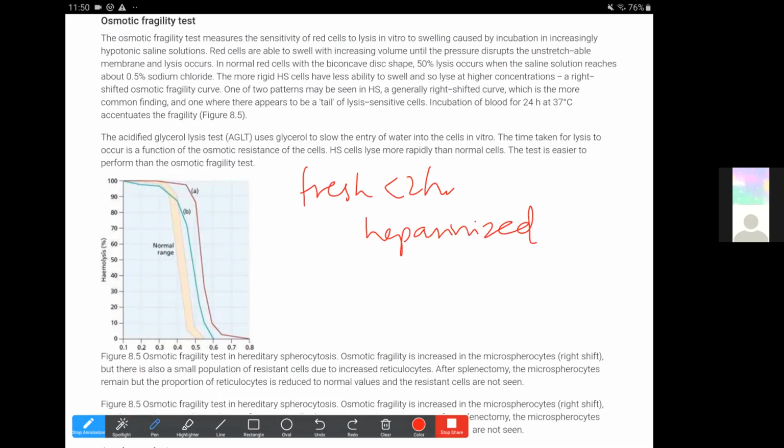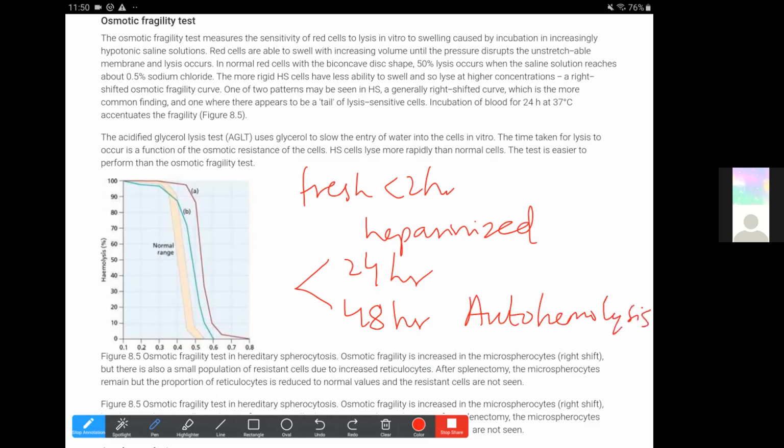This test can be performed in 2 phases. It can be performed fresh, and then after 24 hours incubation at room temperature, or even at 48 hours incubation. This will then show the autohemolysis.